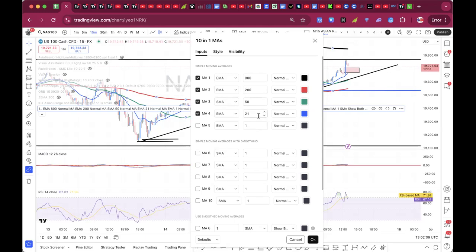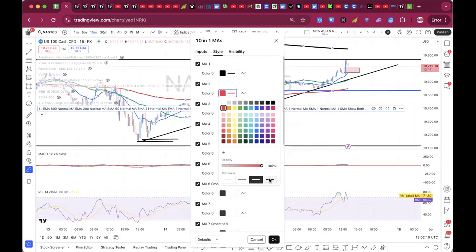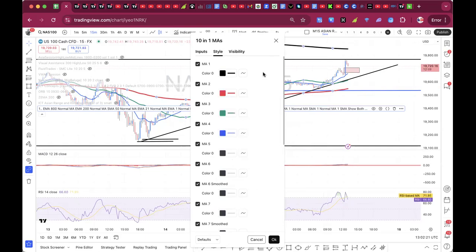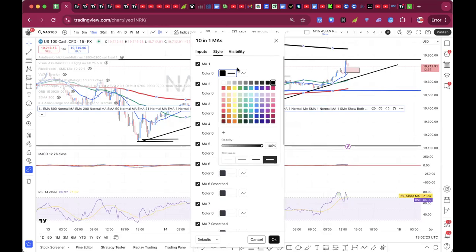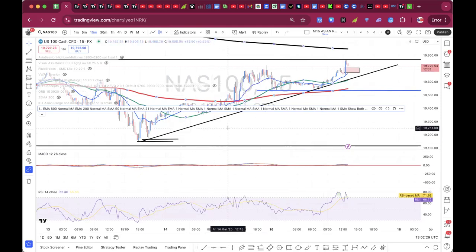Then you have to go to style and change the color to differentiate them. And while changing the color, you want to perhaps increase the thickness of the lines with different colors. And so that's what we have done here.